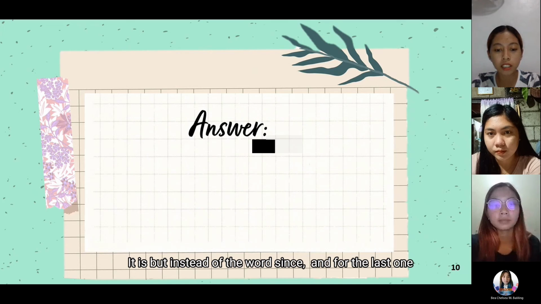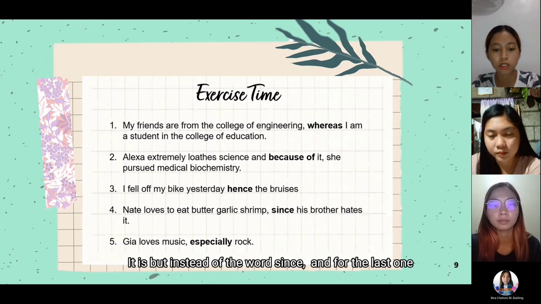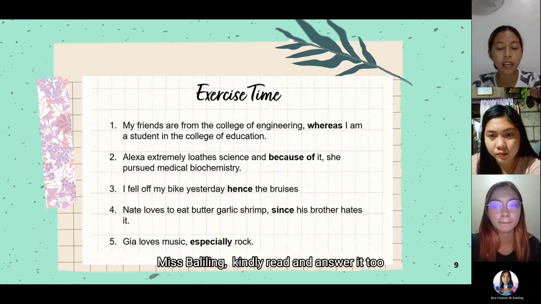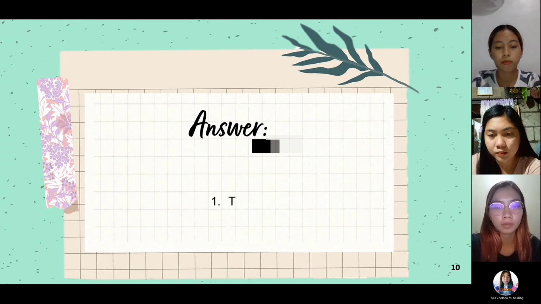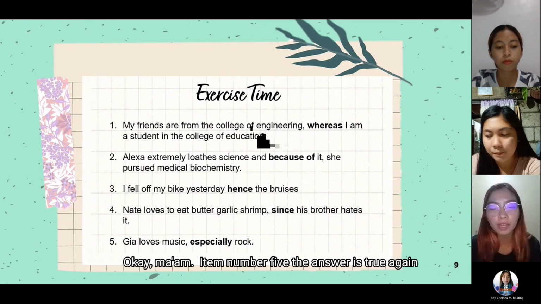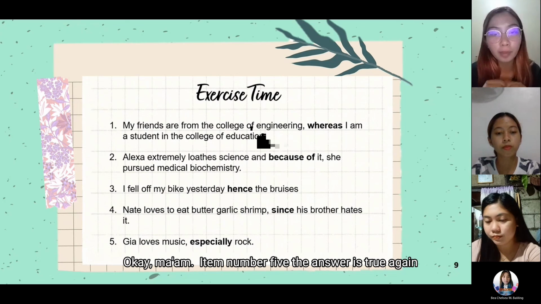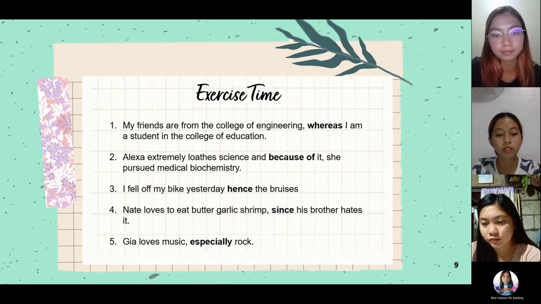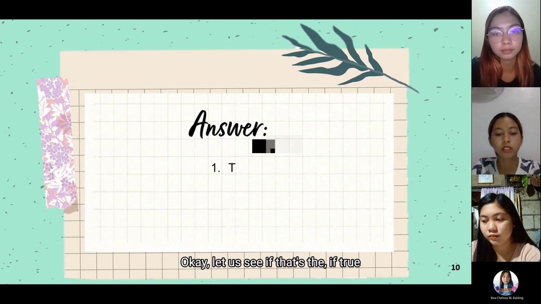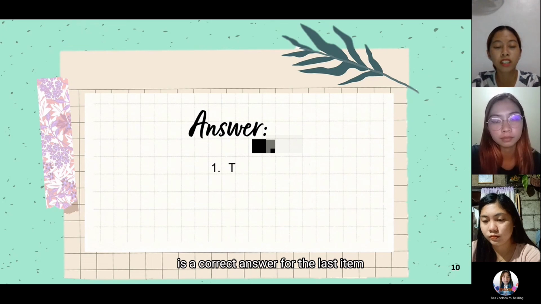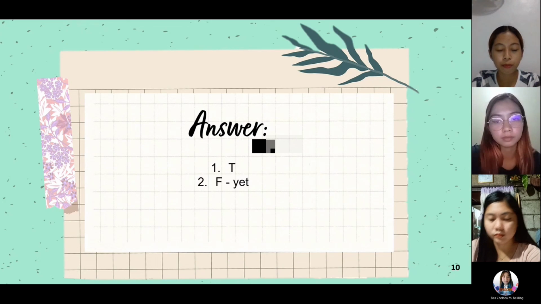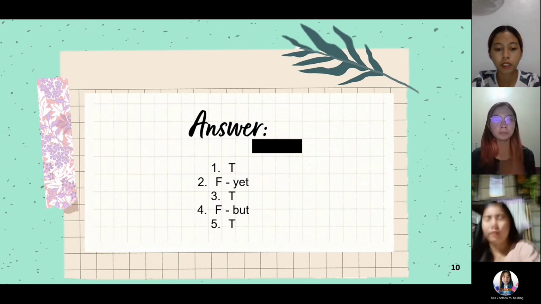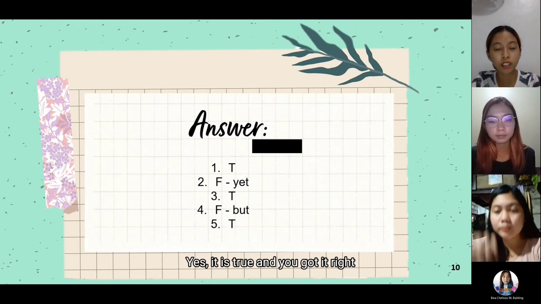It is but instead of the word since. And for the last one, Miss Baliling, kindly read and answer it too. For item number five, the answer is true again. Yes, it is true, and you got it right.